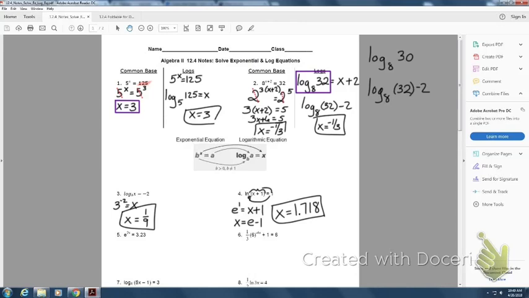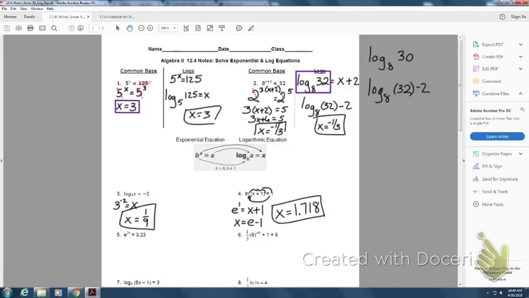Okay, so now let's go down to 6. Alright, Ryan, on 6, what is the base? 1/3. 6. What is it being raised to? What is the exponent? Negative 4x.